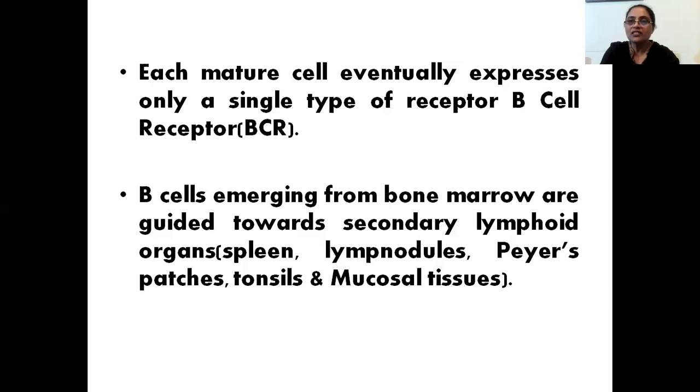Where I'm concentrating is that B cells, while developing in bone marrow, have a lot of chemistry, variable chains and heavy chains, and all this will be there. And they will develop a receptor, and each B cell will have a single type of receptor.